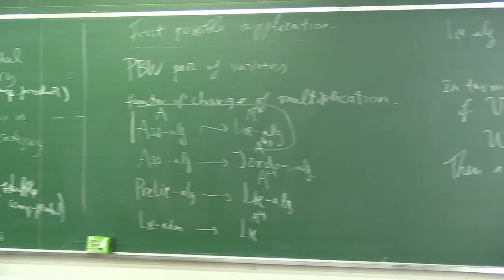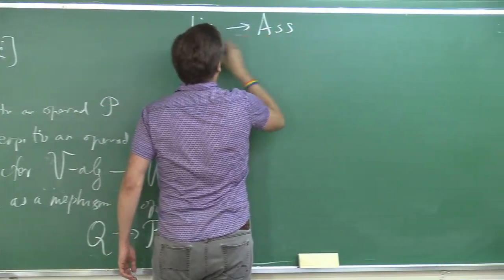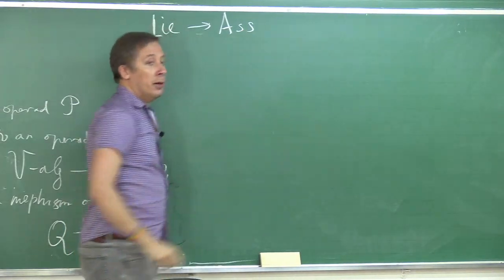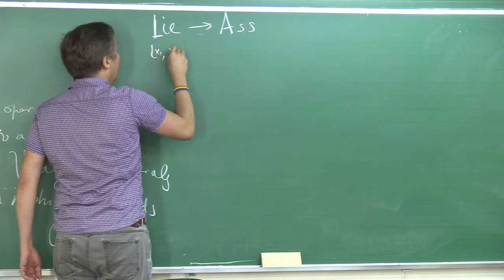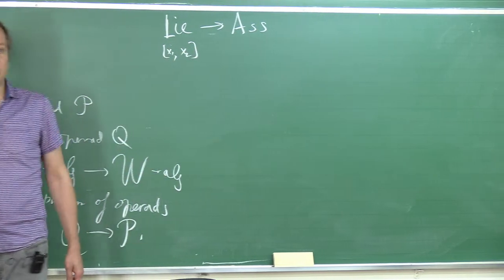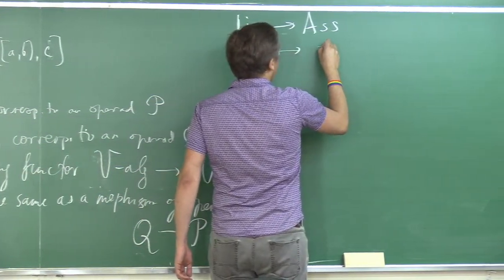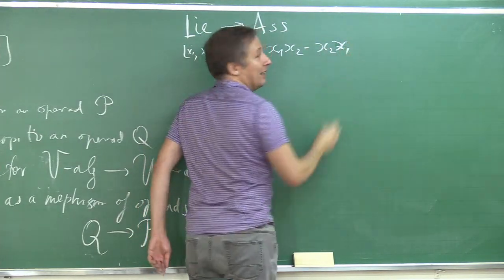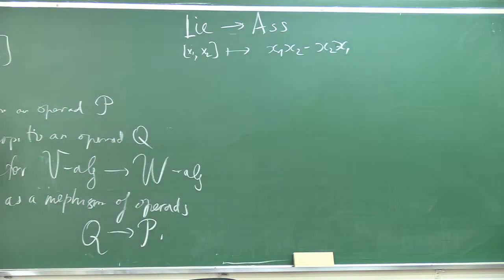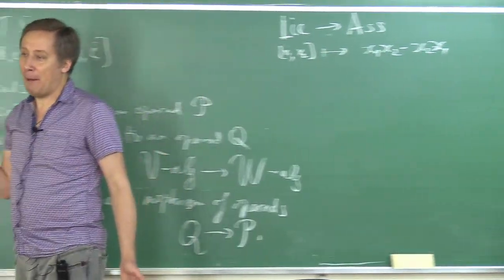I claim that it's the same as a morphism of operads from Lie to Assoc, because we can take the Lie bracket, which is the structure operation of the Lie algebras, and we can send it to the operation x1x2 minus x2x1. So algebras go in one direction, operations go in the other direction. So this is a perfectly valid thing. In the other direction, you don't really have a map.